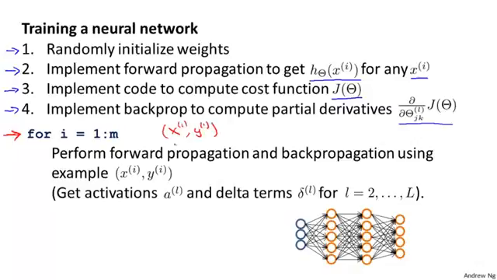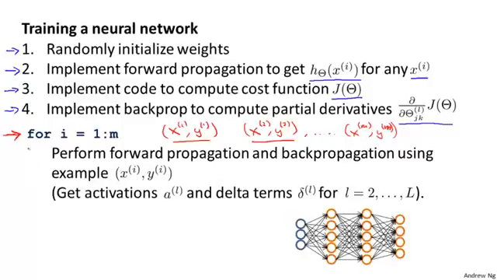So you do forward prop and back prop on the first example, and then in the second iteration of the for loop, you do forward propagation and back propagation on the second example, and so on until you get through the final example. So there should be a for loop in your implementation of backprop, at least the first time you're implementing it. There are, frankly, somewhat complicated ways to do this without a for loop, but I definitely do not recommend trying that much more complicated version the first time you're implementing backprop.